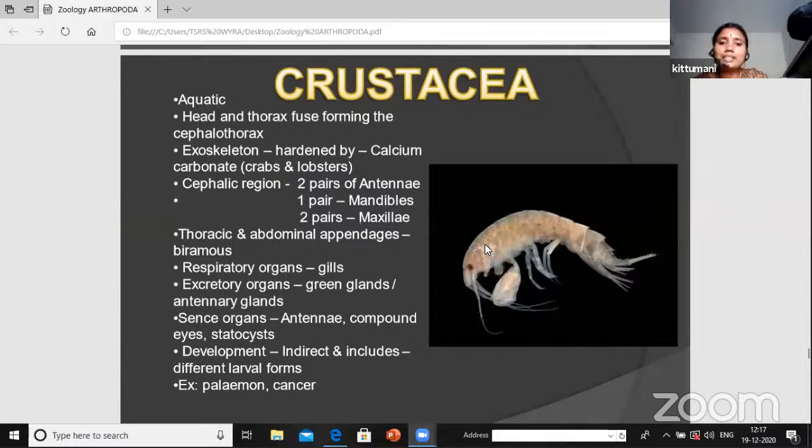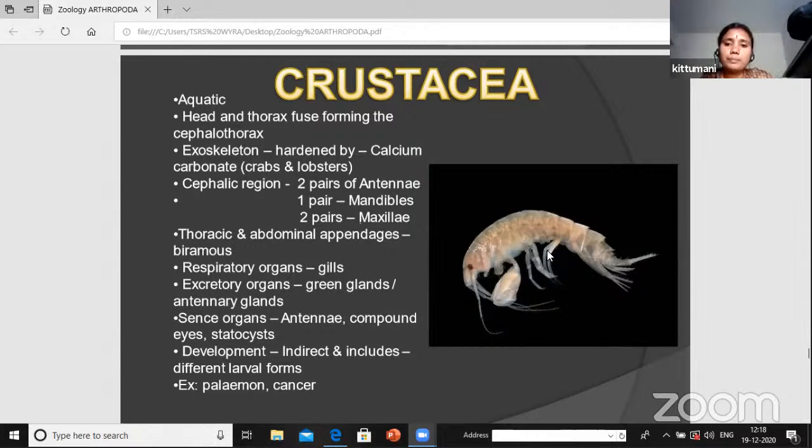The cephalic region bears two pairs of antennae for sensory action, one pair of mandibles and two pairs of maxillae. The thoracic and abdominal appendages are biramous, meaning they are bifurcated into two.